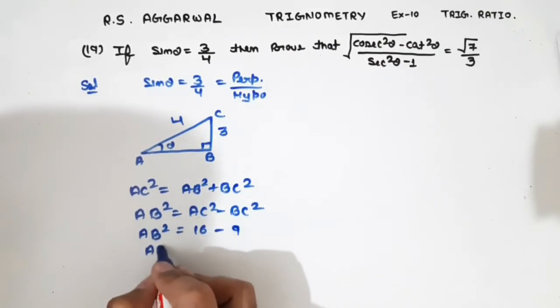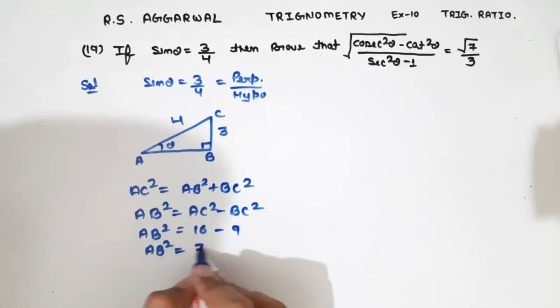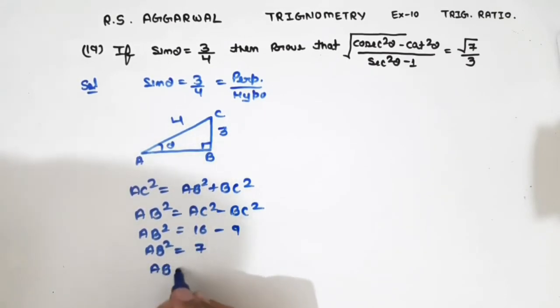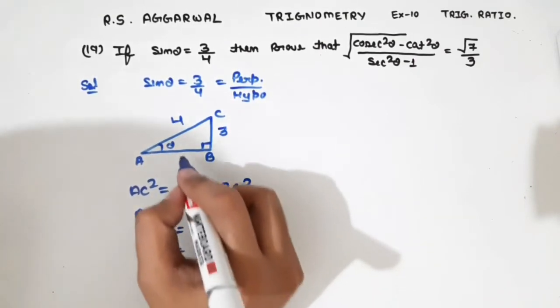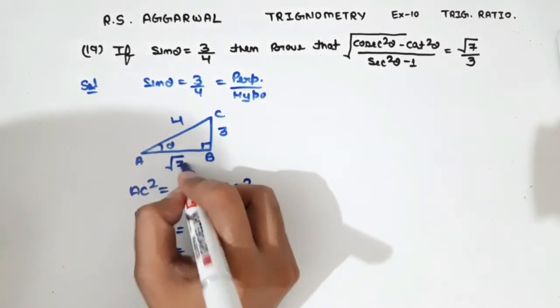So AB square will be 7. So AB will be under root 7. So from here our base is root 7.